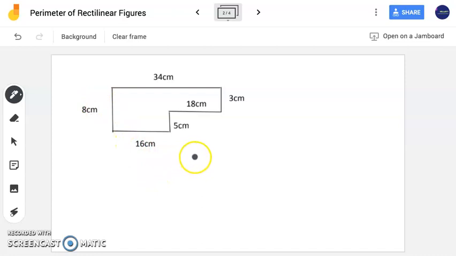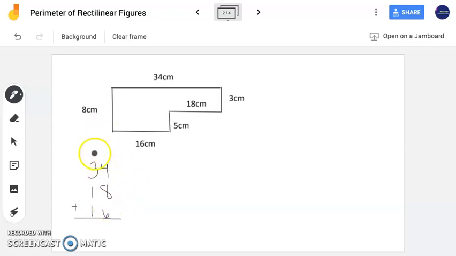What I'm going to first do is look at all the double digit numbers I have. I have 34 centimeters plus 18 centimeters plus 16 centimeters. So I'm going to add those three numbers first because adding together all six numbers at once might be a lot. So I'm taking it into pieces to make my life a little bit easier.